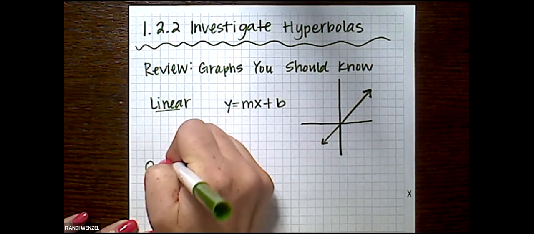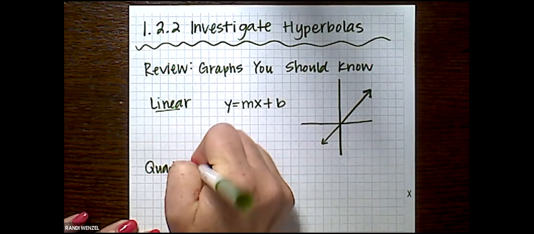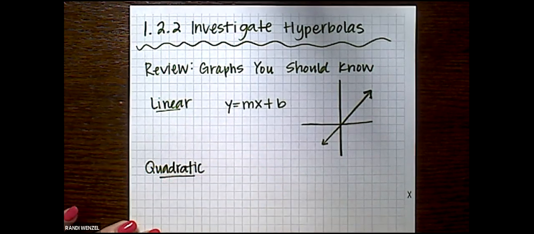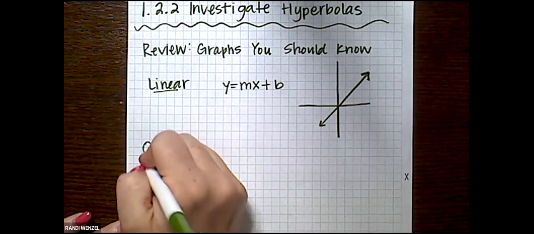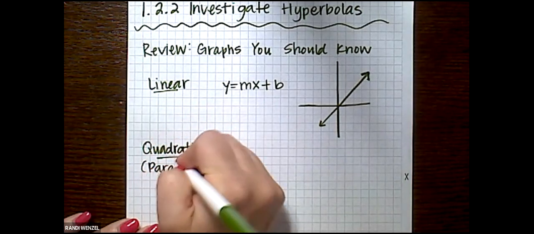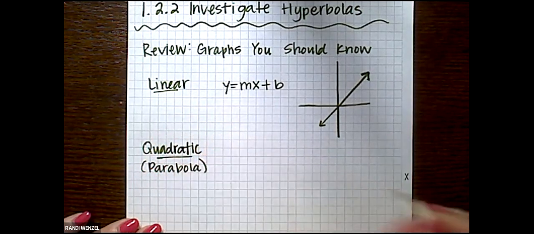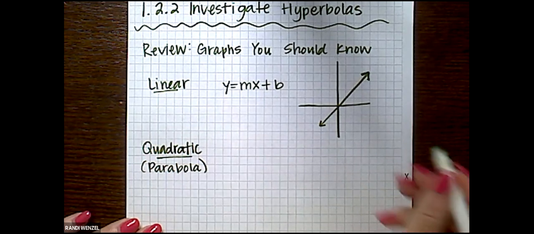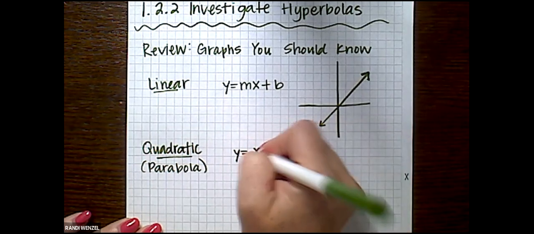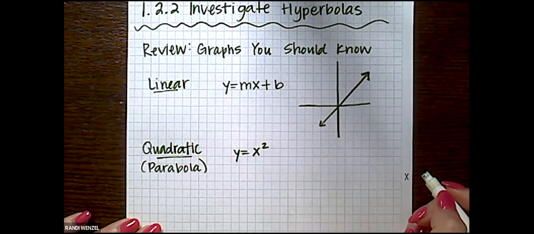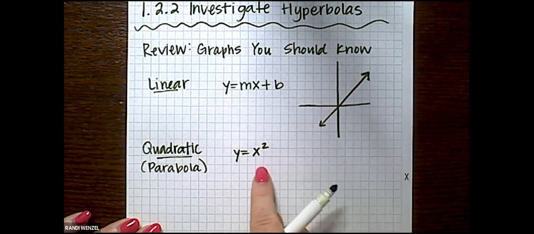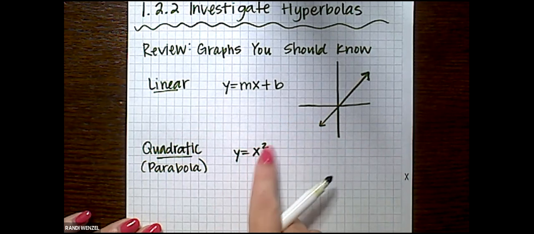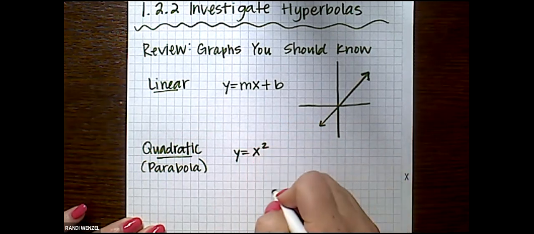Another one you should have a decent understanding of, or at least its shape, is quadratic. And you may not know quadratic by the name quadratic, but it's a parabola. So an equation of a parabola is always an x squared equation. You could have x squared being multiplied, you could have another x and a constant, but in general, if you have x squared, that's an equation of a parabola.